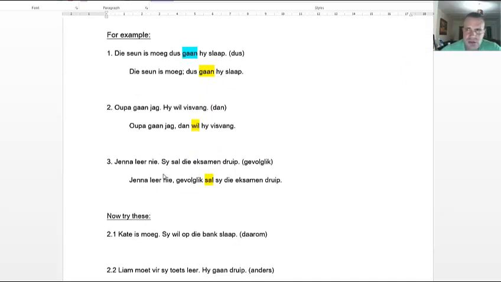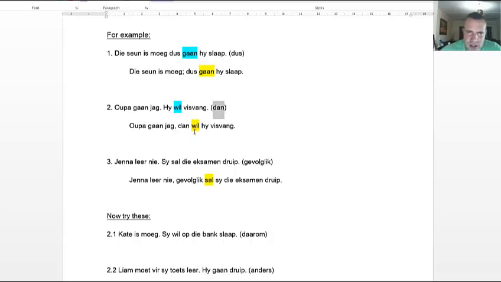He wants to fish. Okay, so now there is your verb that you're very, very interested in. The first verb in the second sentence. Remember, this is your second sentence. So you're very interested in looking at the first verb because it has to move. You're going to say, oh, dan is group 2. Okay, then.